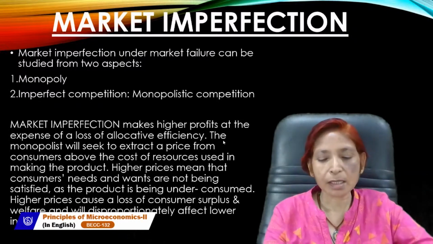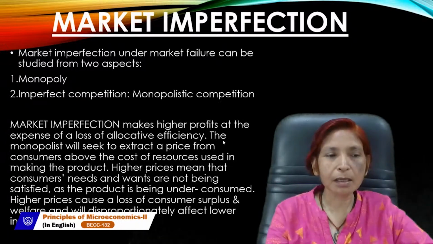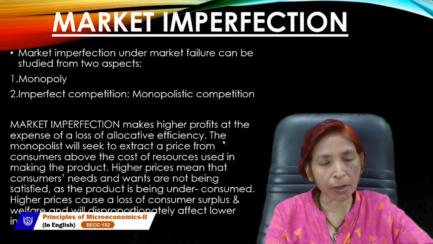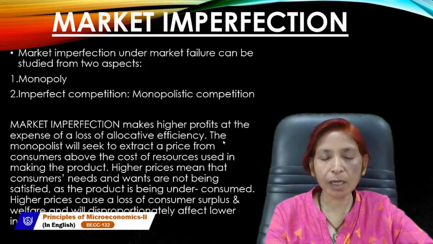That's why this market is called a failure market. Both these markets are examples of failure markets, because they do not use their available resources in an efficient manner, so consumers suffer losses.